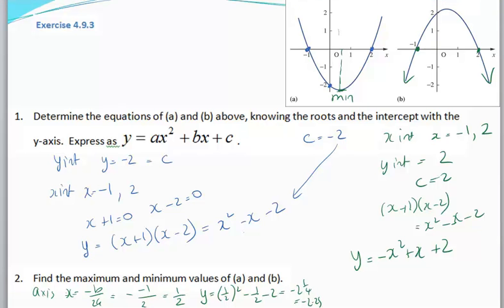And for our second equation here, our axis of symmetry, x is equal to minus b on 2a. So minus 1 on 2 times minus 1. So here again we're going to have a half. So here now y is equal to minus a half squared plus a half plus 2.